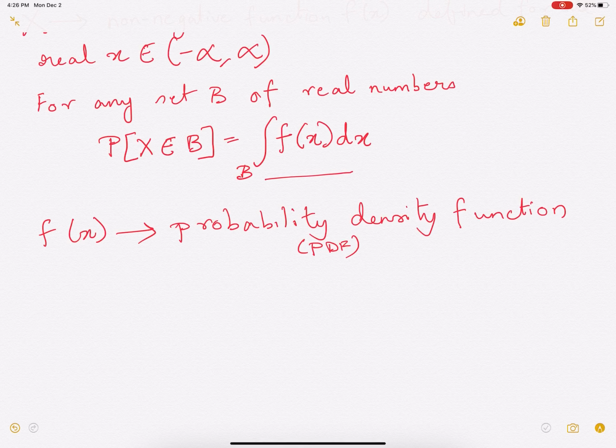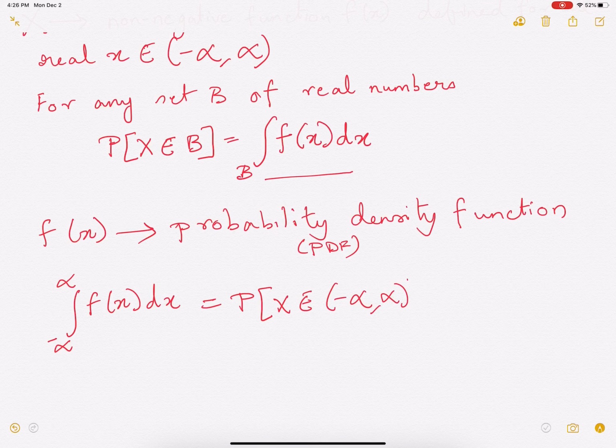So naturally, if you integrate fx dx between -infinity and infinity, that is all possible values that x can take, you will get the probability that x lies between -infinity and infinity, and that probability is going to be 1. As we expect, probabilities should add up to 1, and that's what is happening here.